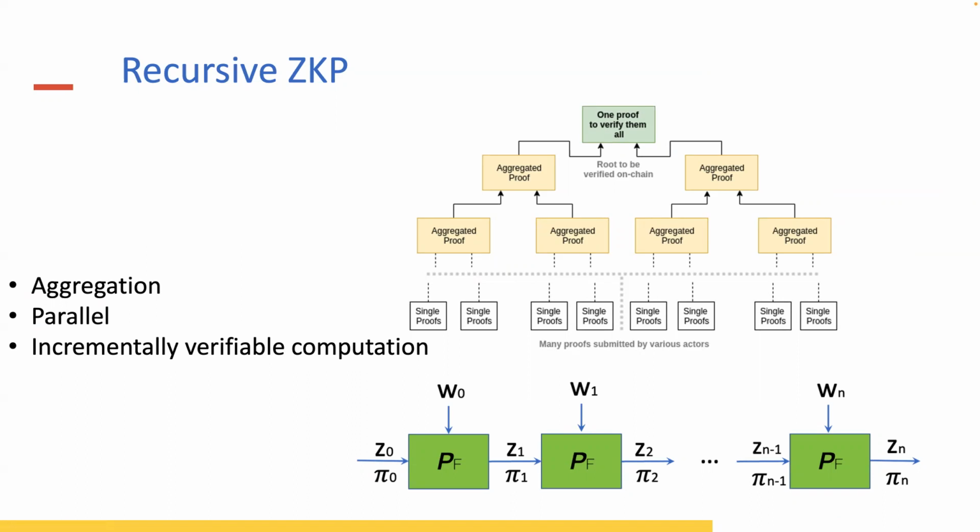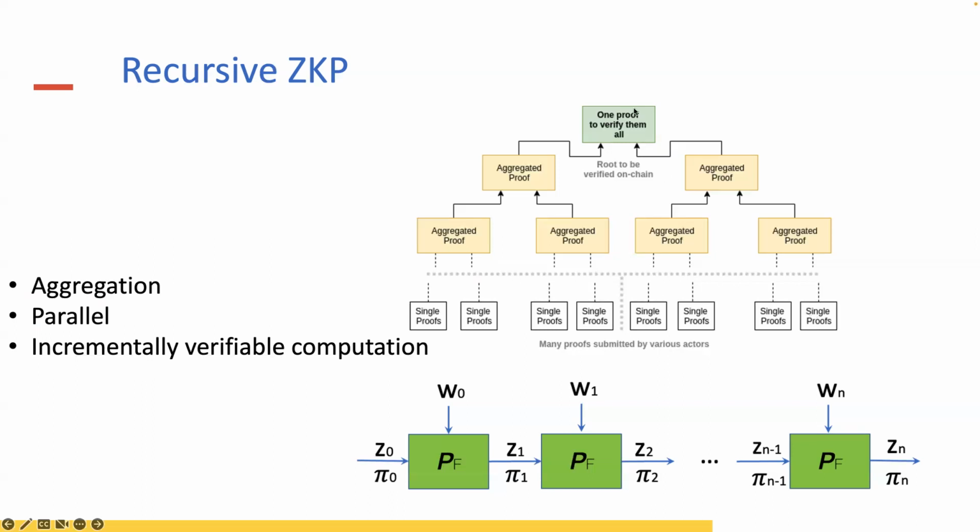It can be generalized. So, even in a very generic case, let's say I have 1,000 proofs, right? I can aggregate all of them. I put them in a Merkle tree, I merge these two, and then I keep merging until I only have one proof. And this one proof is pretty much the same size as each of these proofs.